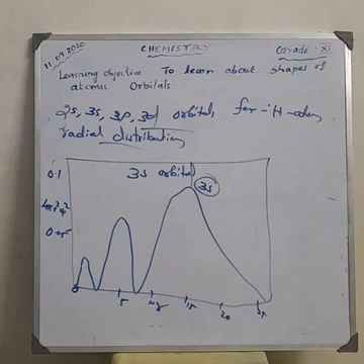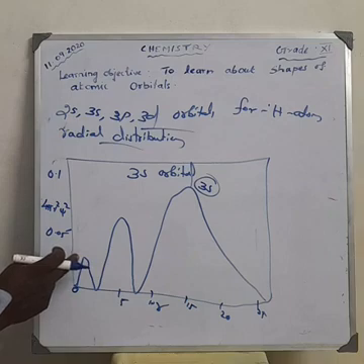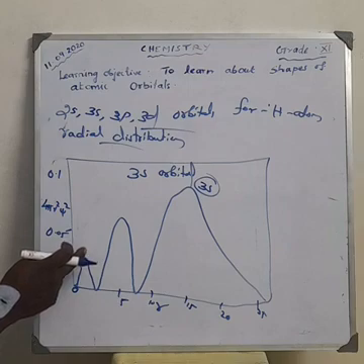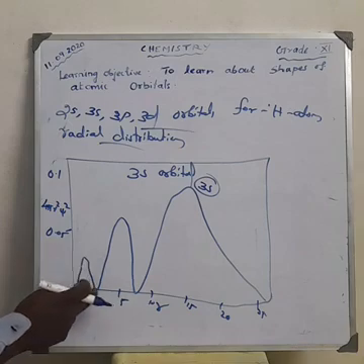For the 2s orbital, as the distance r from the nucleus increases, the probability density first increases and reaches a maximum, then decreases to 0, then increases again to a maximum, then decreases, increases again to a maximum, and decreases to 0.